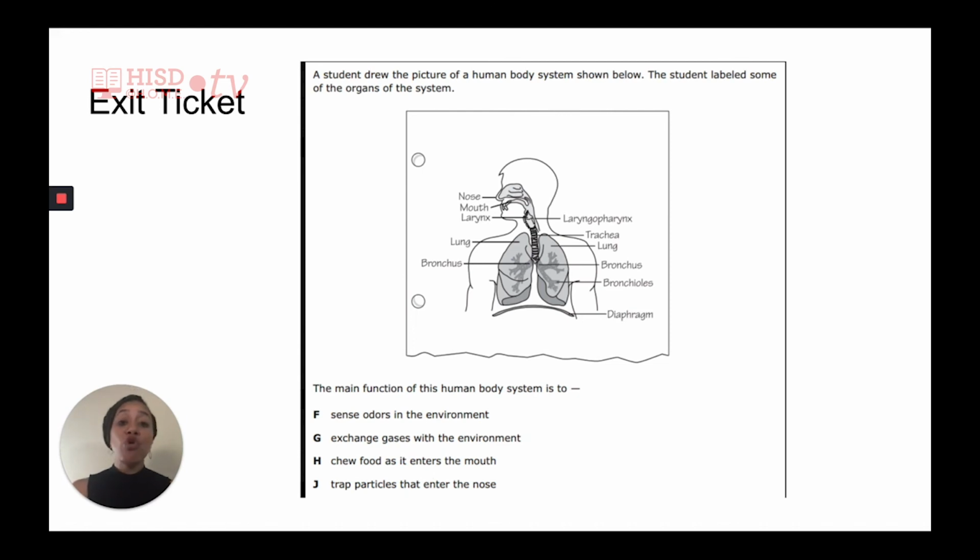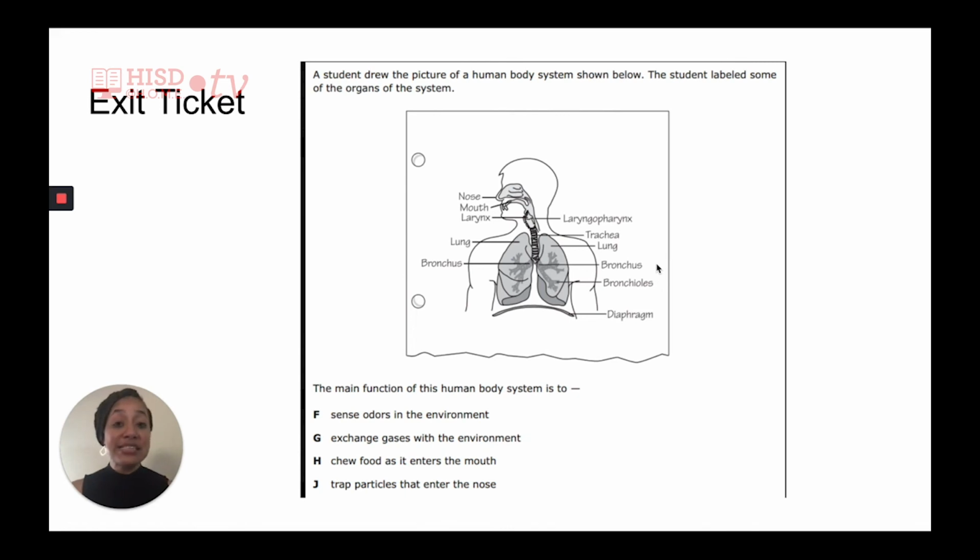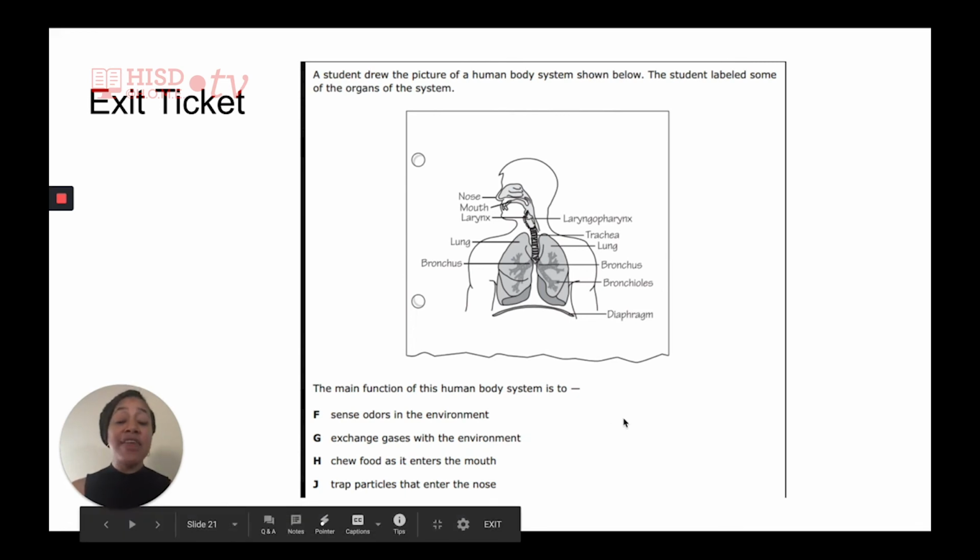So I'm going to give you about 30 seconds to figure out which one is the correct answer, F, G, H, or J. 30 seconds starting now. Remember to look at the diagram. That's going to help you first determine the system. And once you determine the system, you will be able to determine the function of that system.